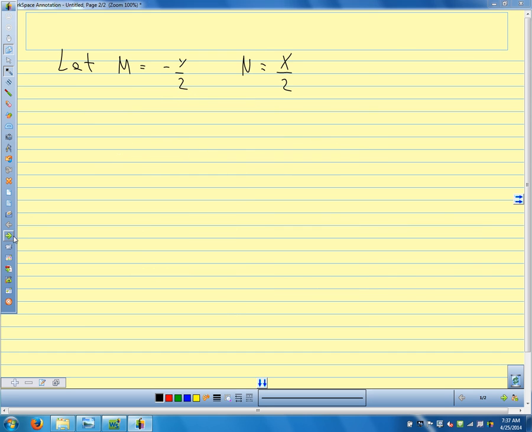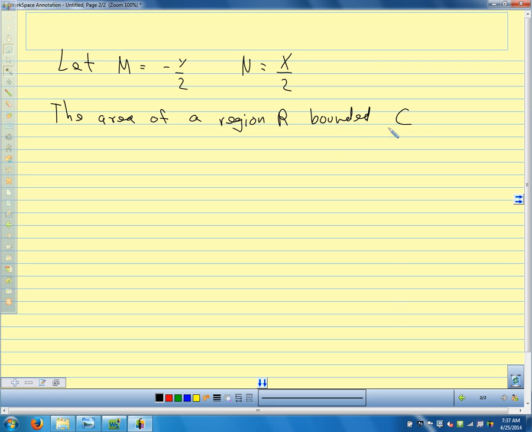So we're going to say the area of a region bounded by our piecewise smooth curve C, where C is a piecewise smooth, simple closed curve. I'm not going to write it all out.